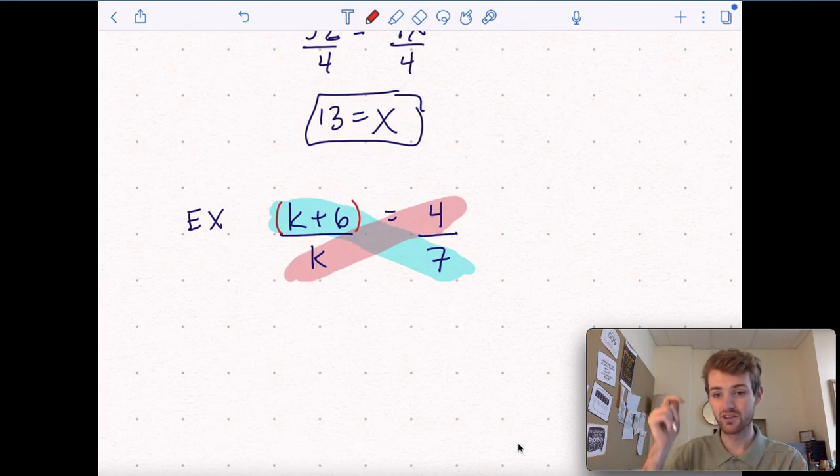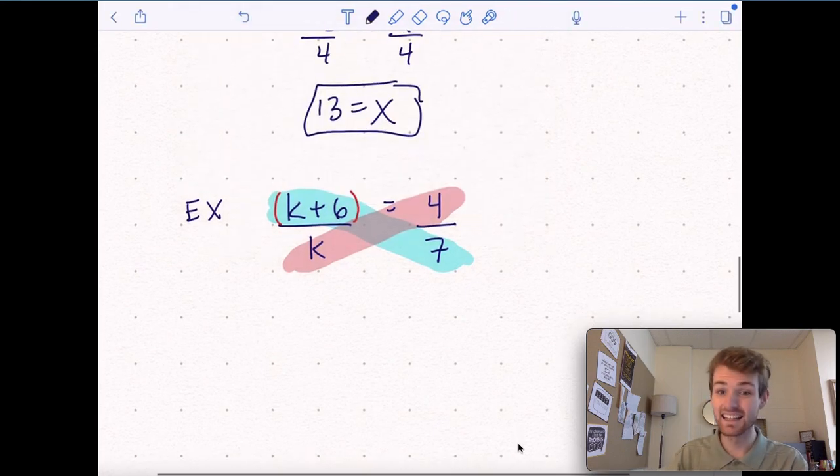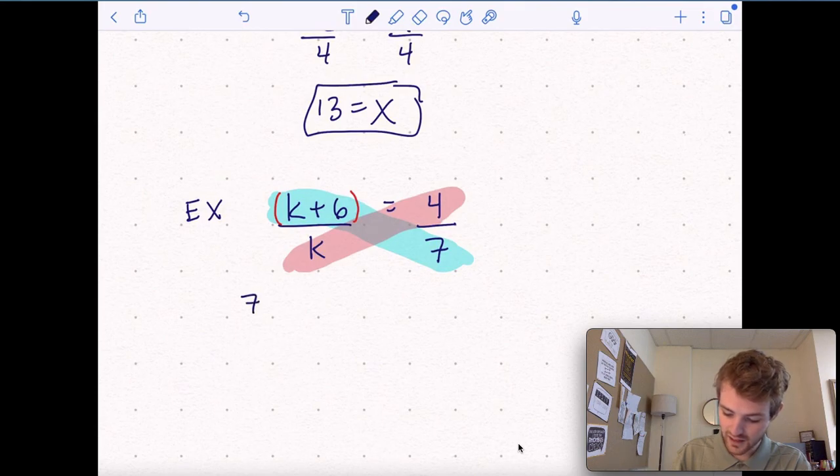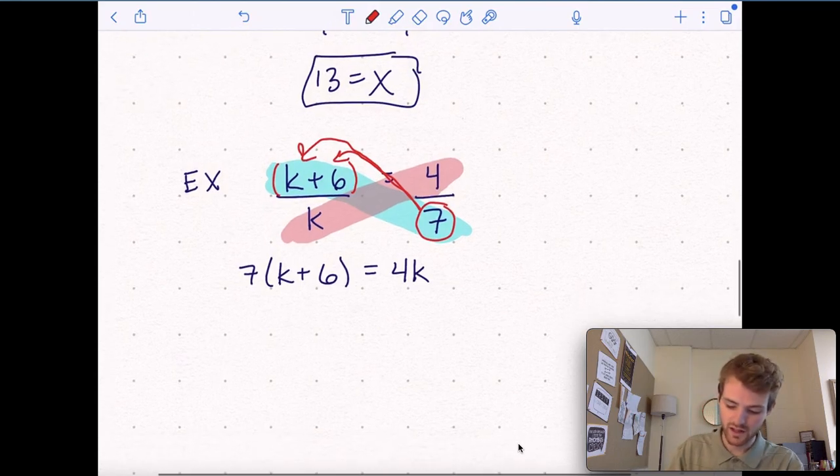If there's two things, if there's like a k and plus or minus something, put the parentheses. Because what that's going to end up looking like is a distribution problem. We have to take this 7 and multiply it to both the k and that plus 6. So that's why when we write our next step, we write it as this.